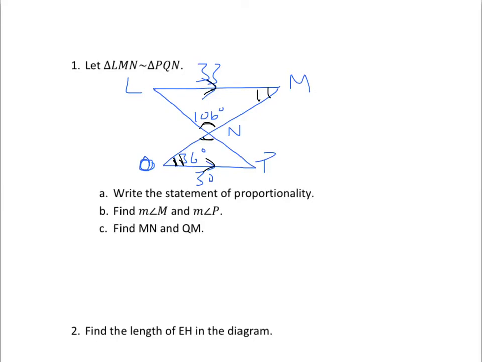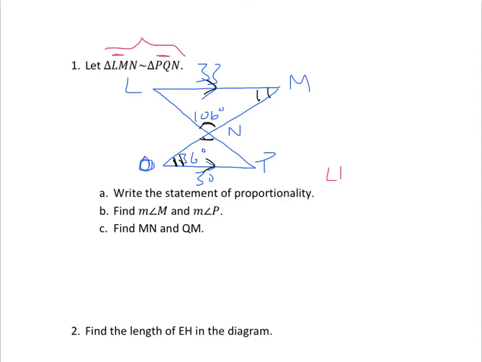Now once we have two angles congruent to each other in these triangles, that tells us that these two triangles are similar. So once the triangles are similar, we can write this statement of proportionality. Make sure you get it all in the right order. One way to make sure you have the corresponding sides with each other is to look at the way this is written. That means that LM is going to be corresponding to PQ.